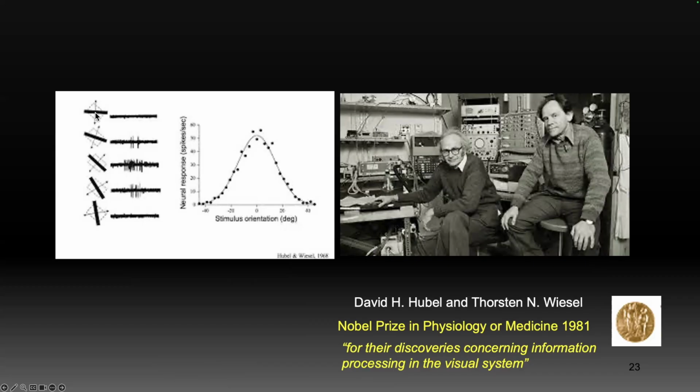These are neurons that respond to stimuli with different orientations. As you can see, stimuli that are moving have a different orientation and they're moving perpendicular to that orientation. This recording is from a cell that responds to this orientation, but certainly not to that orientation.